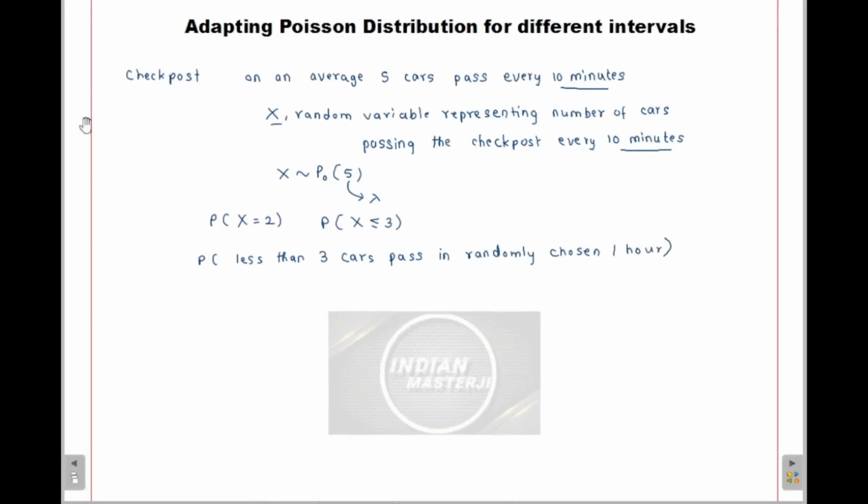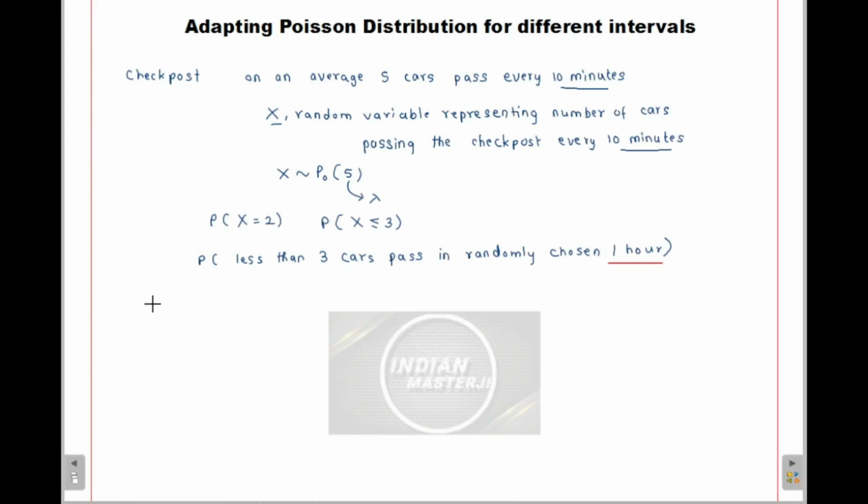So see here what happens. Here we have changed the interval. And what's the interval here? Interval of time. Here the interval of time was 10 minutes and now we have taken the interval of time as 1 hour.